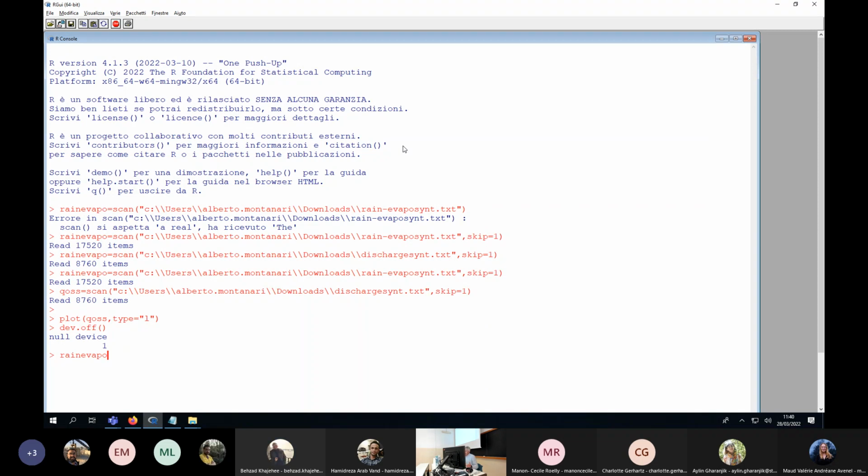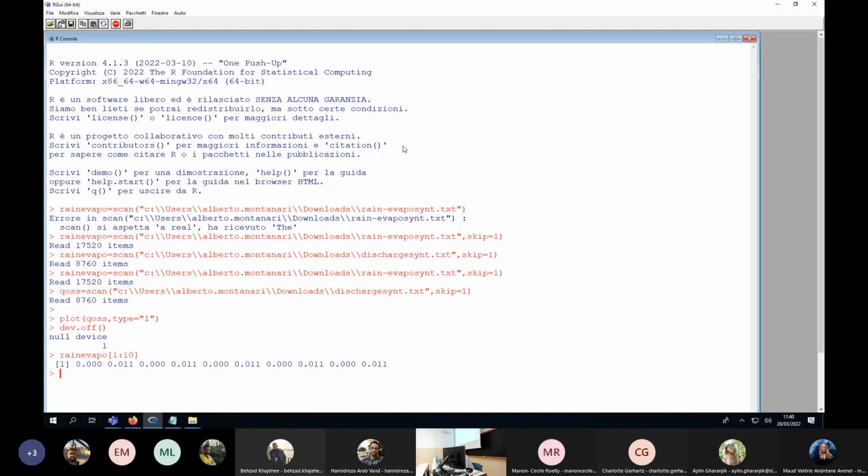So now it is instead a vector. For instance, if I take the first 10 values of this vector rain evapo, you see that there is one rainfall, one evapotranspiration, one rainfall, one evapotranspiration, because the file was read line by line. Instead, I have to read the file column by column.